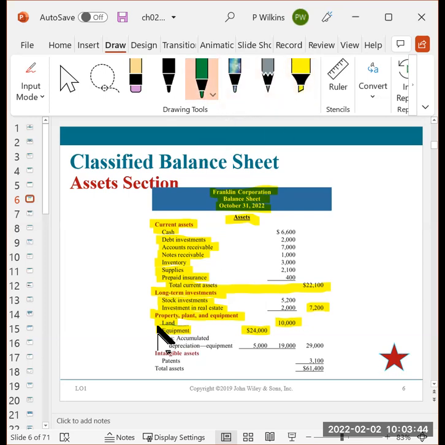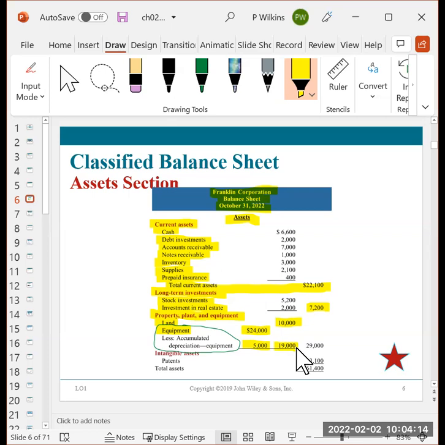If your problem has accumulated depreciation, equipment and has equipment, the less accumulated depreciation follows the equipment number. You take the equipment number of 24,000 and you subtract, because this is less, the accumulated depreciation of 5,000, and that gives us what they call a book value of 19,000.